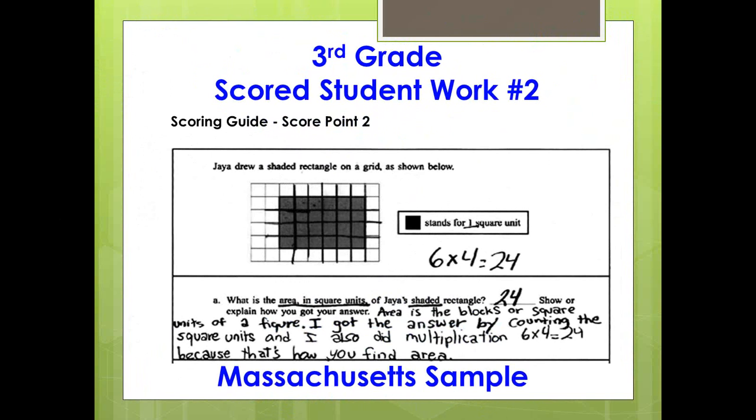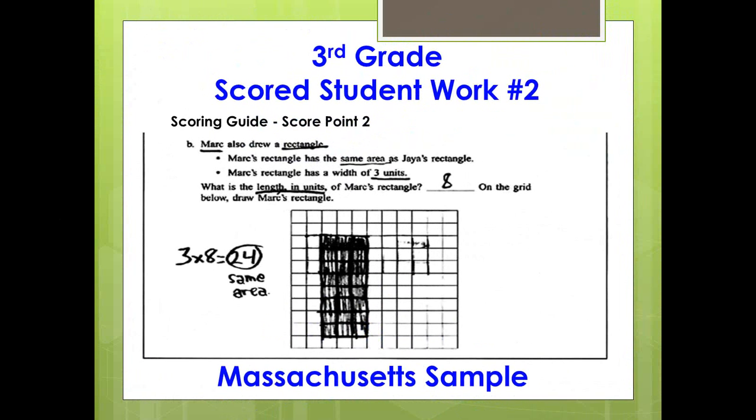Their explanation was: area is the blocks or square units of a figure. I got the answer by counting the square units, and I also did multiplication. So they did two things. They counted up the squares, but then they also did the multiplication, because that's how you find the area, with 6 times 4.